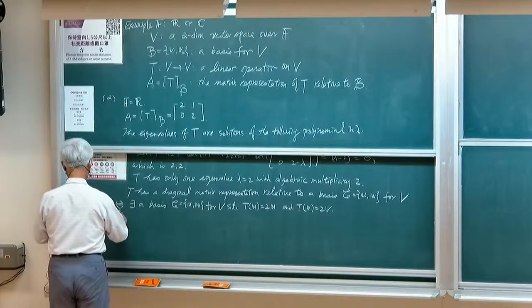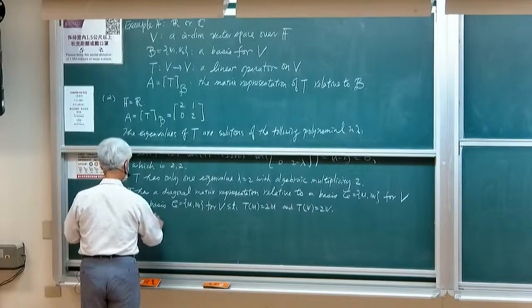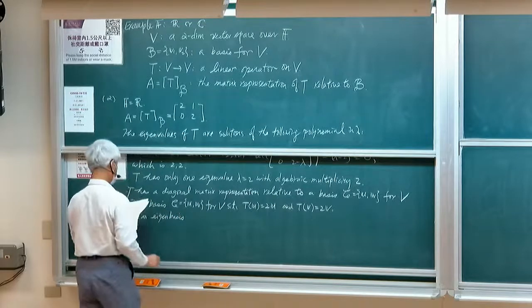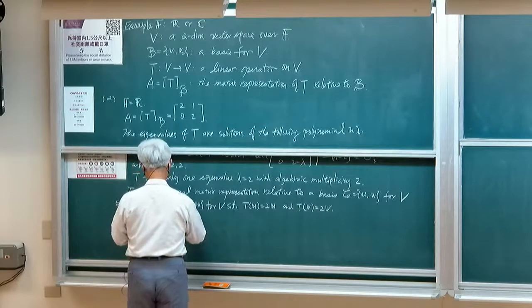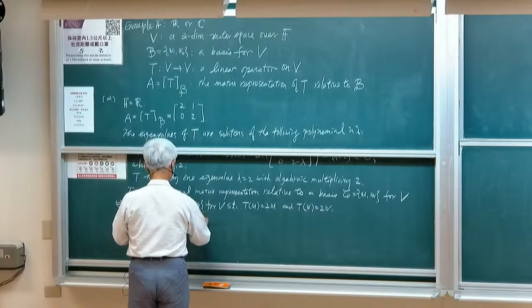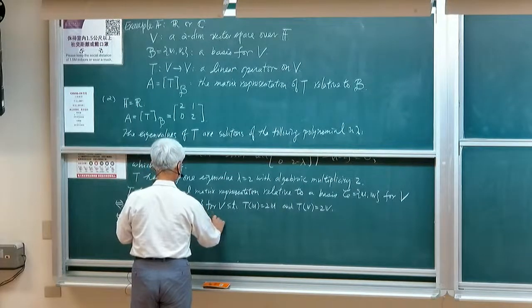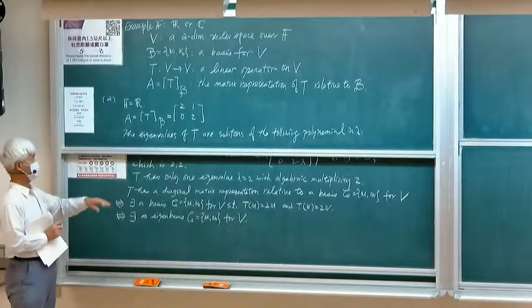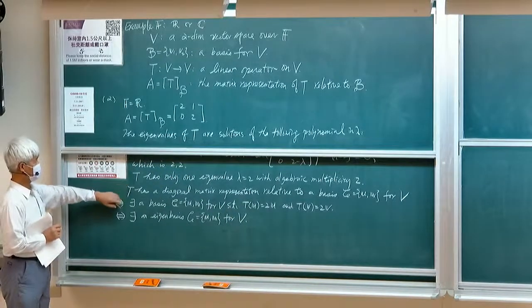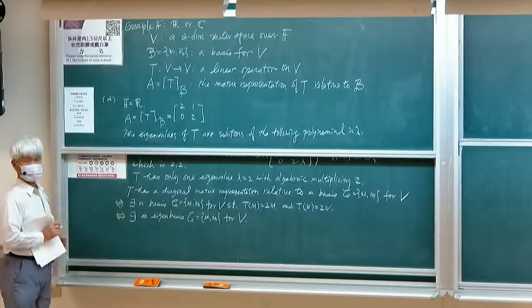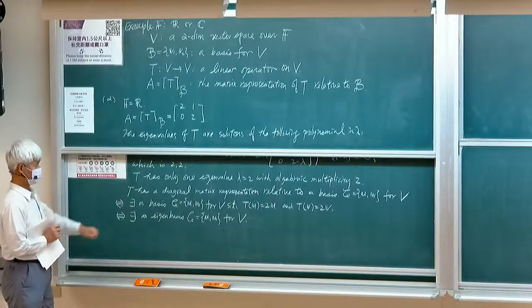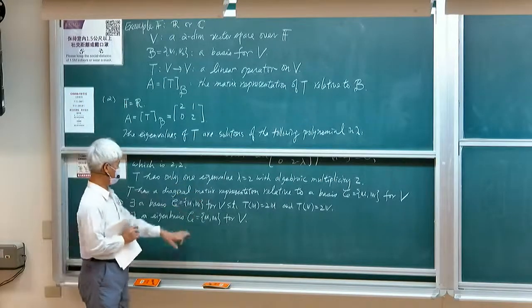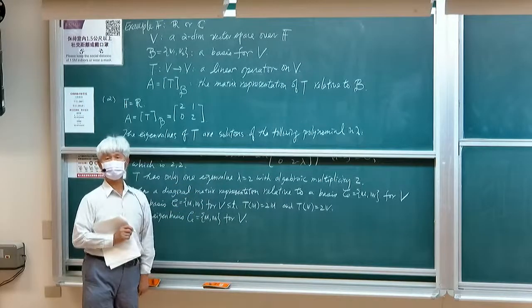So there must exist an eigenbasis. We have to find an eigenbasis C for V. T has a diagonal matrix representation relative to a basis for V if and only if we have an eigenbasis.